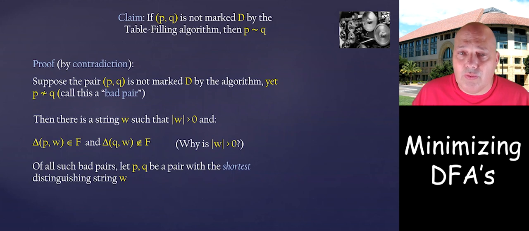So we want to define PQ to be not only a bad pair, but a bad pair with the shortest distinguishing string W. So for any other bad pair, including for P and Q, there is no W prime shorter than W that distinguishes this P prime and Q prime. This is the shortest distinguishing string, and this is important. This is how we're going to reach the contradiction.